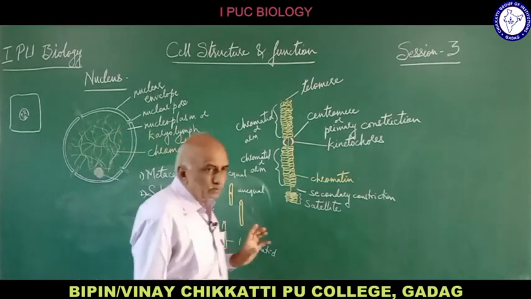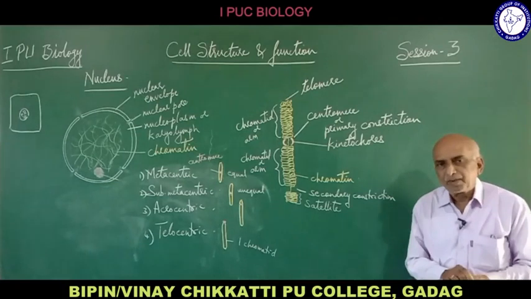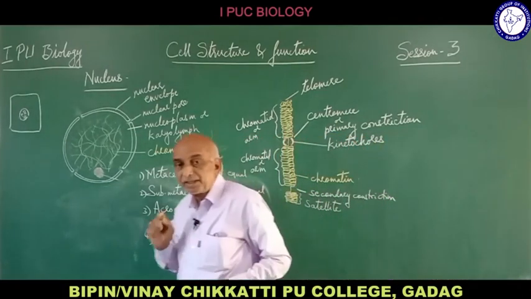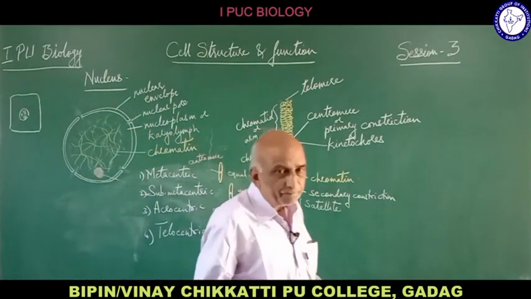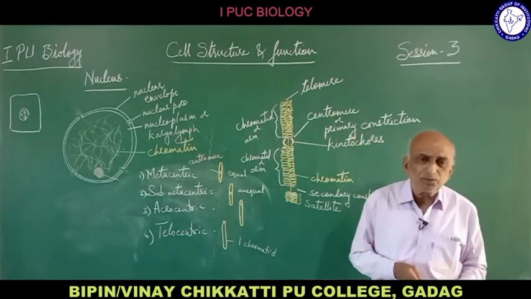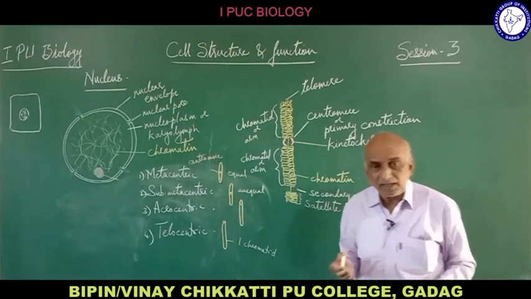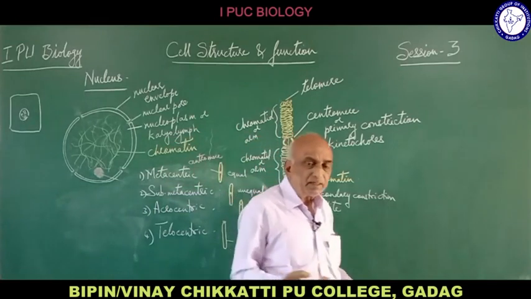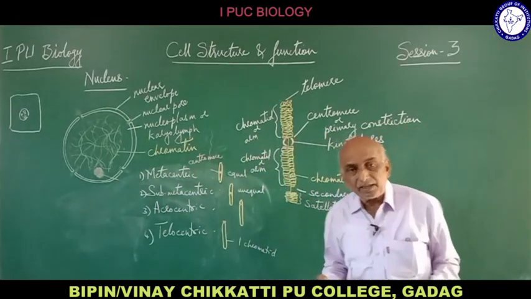But acrocentric and telocentric chromosomes are very rare. But most commonly, we come across metacentric and submetacentric chromosomes. So whenever we observe any cell, plant or animal cell, the chromosomes are almost metacentric or submetacentric. So rarely, in certain situations, we see acrocentric and telocentric.